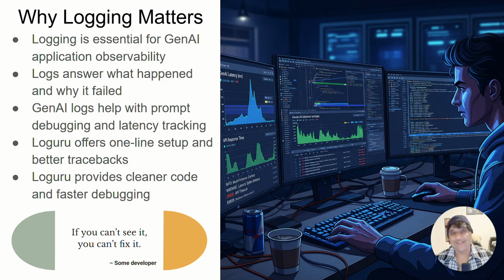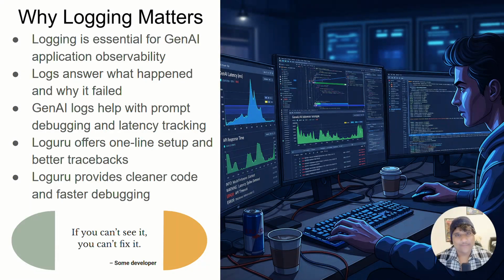But printing things to the console works until it doesn't. Logging is pretty important because this is where production applications live or die. Logs tell you what happened, when it happened, and why it failed. In generative AI applications, they are essential for debugging prompts, tracking latency, and understanding failures. While Python's built-in logging is verbose, it's also easy to misconfigure and misses a lot of things.